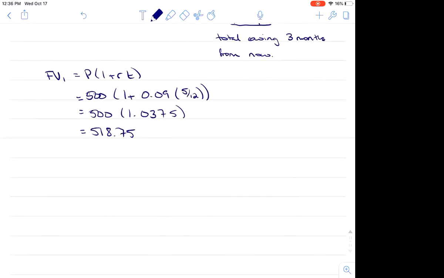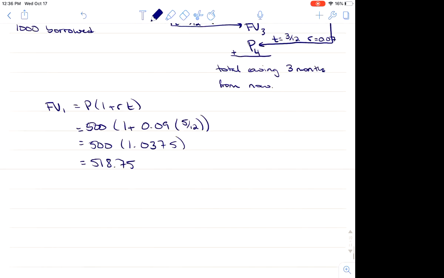Good. So the future value is 518.75. How about the second future value? Future value 2, P times 1 plus RT. P is still 500 times 1 plus R, which is still 0.09 for this one.